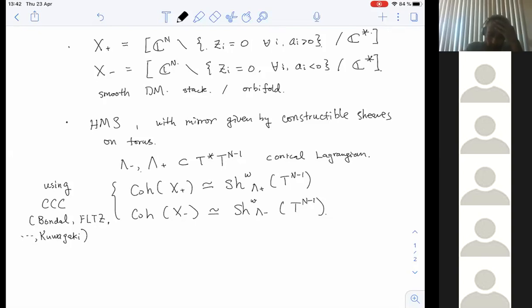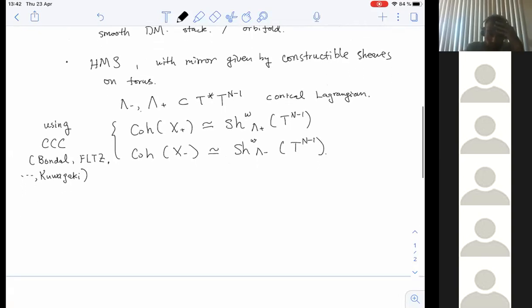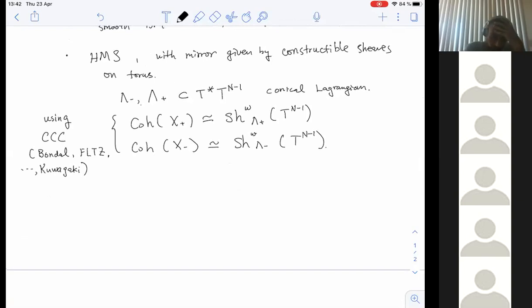So what do I have to add here? What I want to do is describe the relation between X plus and X minus. There is a semi-orthogonal decomposition of the coherent sheaf categories.